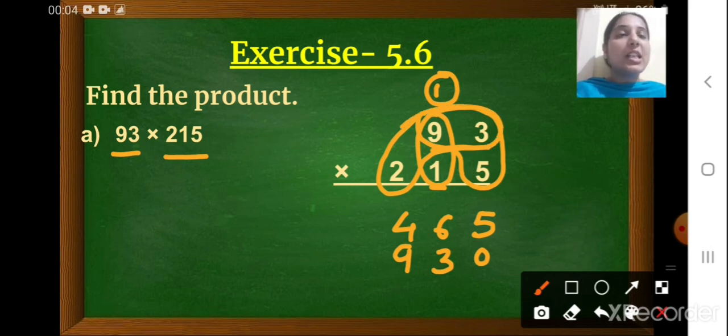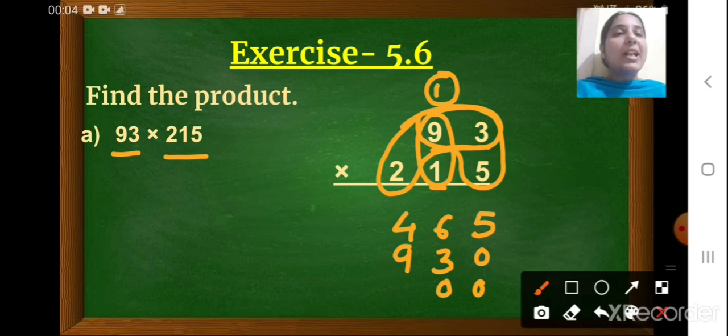So in that case, we have to add 2 zeros. Why? Because now we are multiplying 93 by 2 hundreds, or 200. So how many zeros are there in hundreds? 2 zeros. Therefore, we have written here 2 zeros.